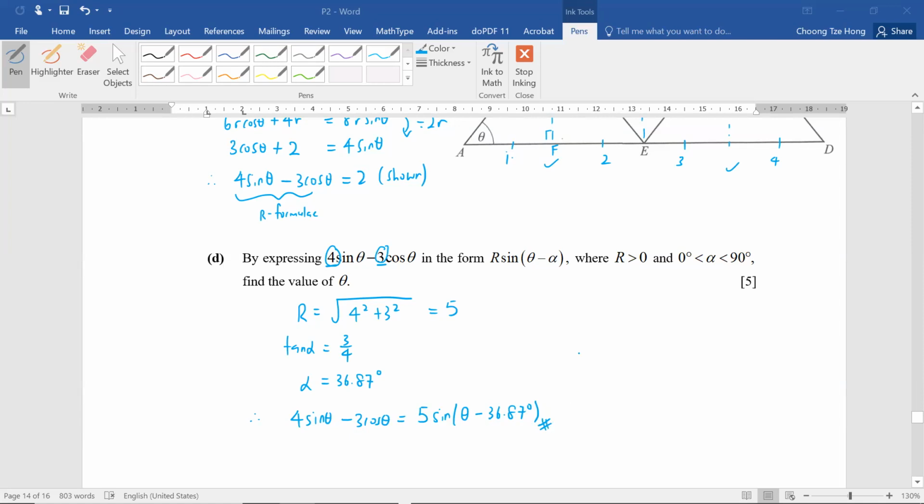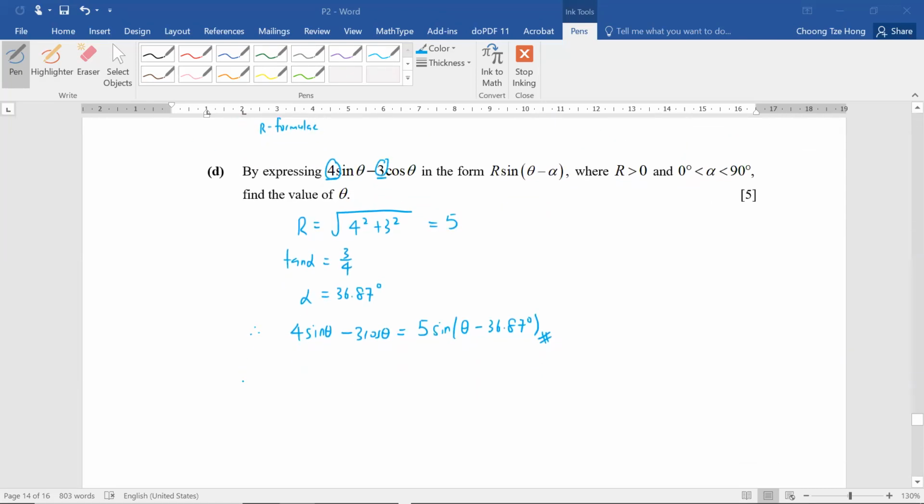Now, find the value of theta. Basically we want to solve this particular equation over here. So I'll replace 4 sine theta minus 3 cosine theta with the R formula form. So 5 sine theta minus 36.87 degrees equals 2. Bring the 5 over first, it's 2 over 5.